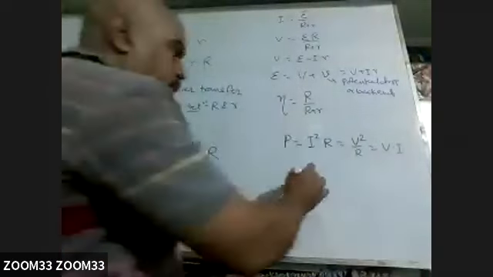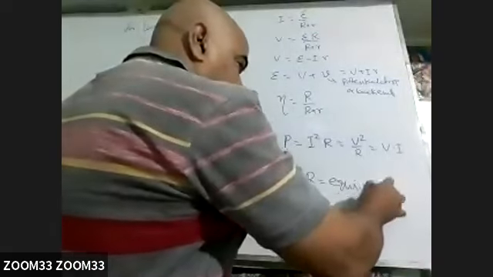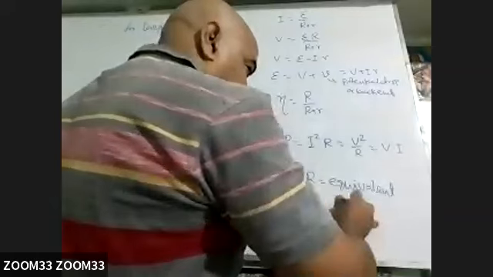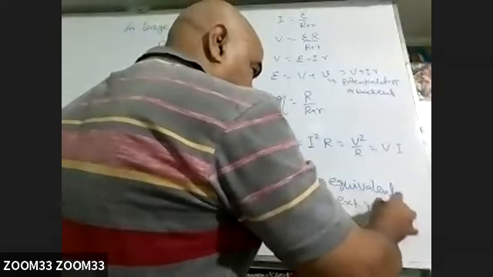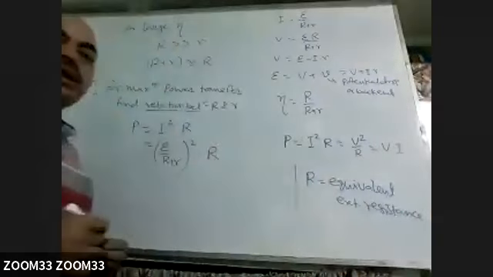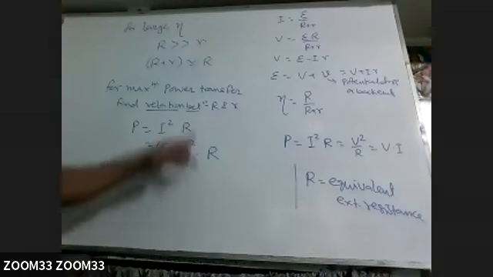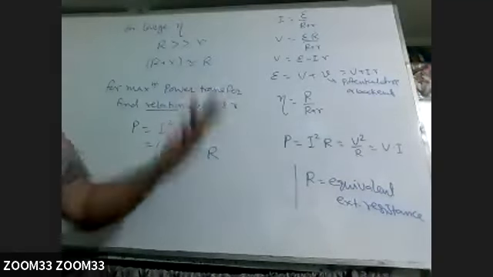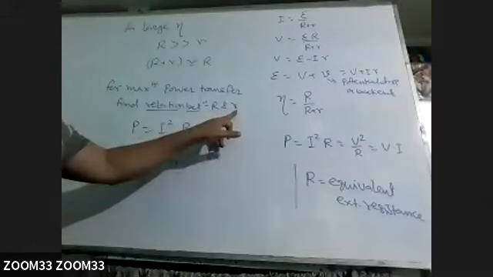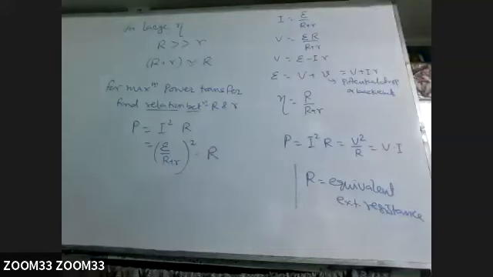So in general we say this R is the equivalent external resistance, and small r is the internal resistance of the source. Small r we are not able to change, that is the property of the source. We are able to change this capital R.